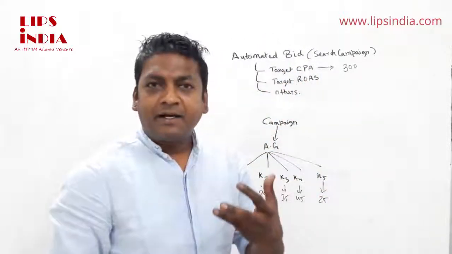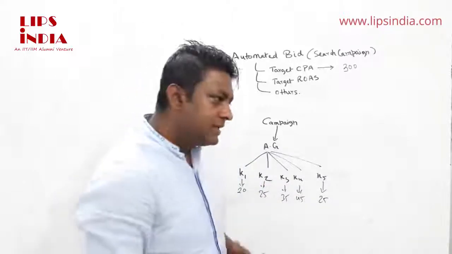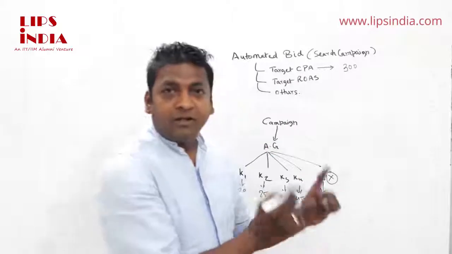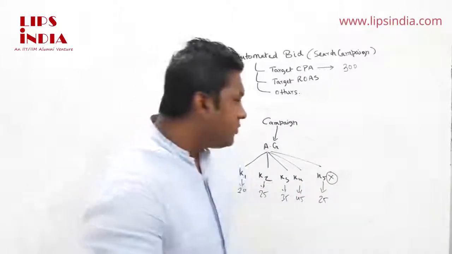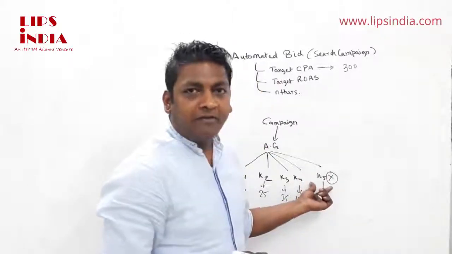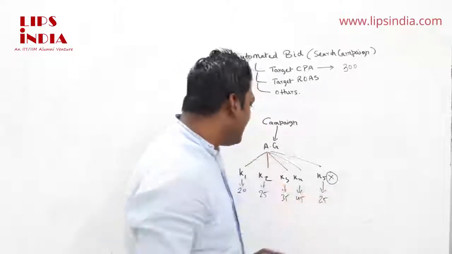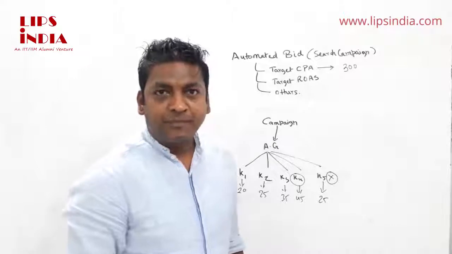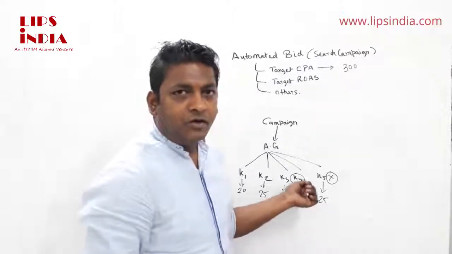And let's say Google's data analysis says, okay, this keyword is not going to contribute to conversion depending on the historical data. So maybe Google might not bid on your behalf for this keyword. And if Google realizes that this is a keyword on which there is a high likelihood of the conversion happening, Google is going to bid on your behalf.